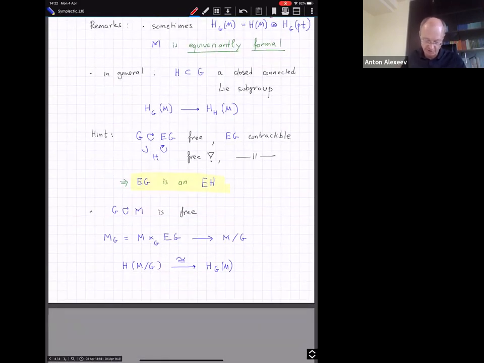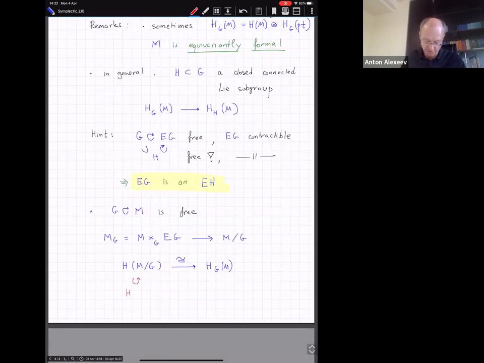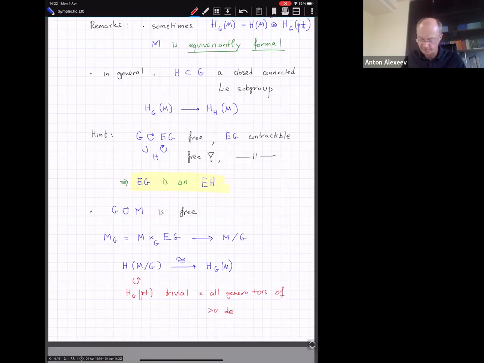It turns out that here the action of H_G of a point is trivial, which means all generators of positive degree act by zero. So these are two very opposite situations: equivariant formality and when the G action on M is free.